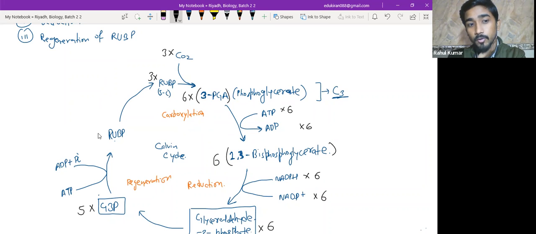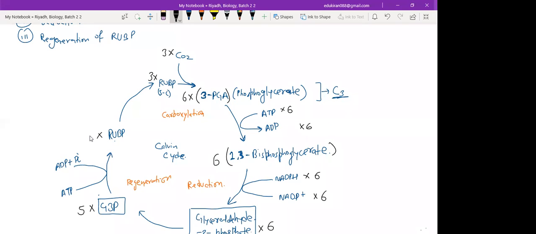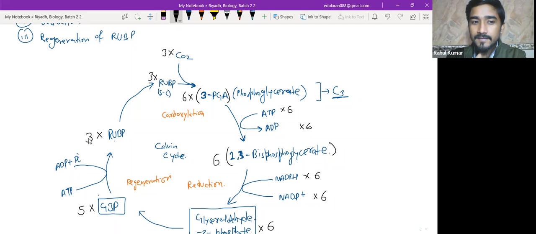So how many RuBP can we regenerate back? 3. See, na? And these 3 RuBPs go again, to this 3 RuBP. So the cycle has to be maintained, correct?